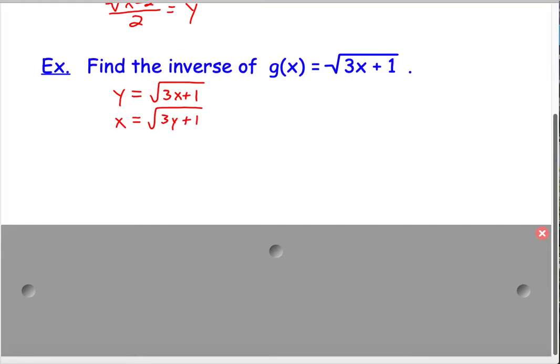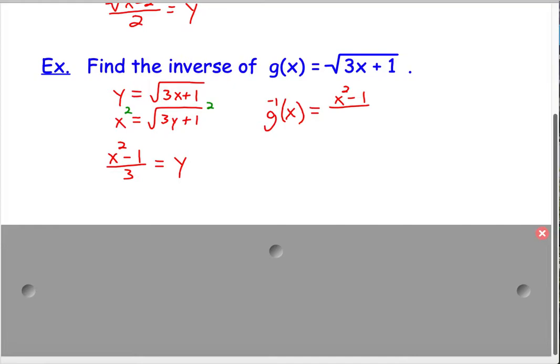So I'm going to need to square both sides to get rid of that square root, so I can solve for y. And I'm going to have x squared minus 1 divided by 3 is equal to y. So that tells me that my inverse equals that quadratic.